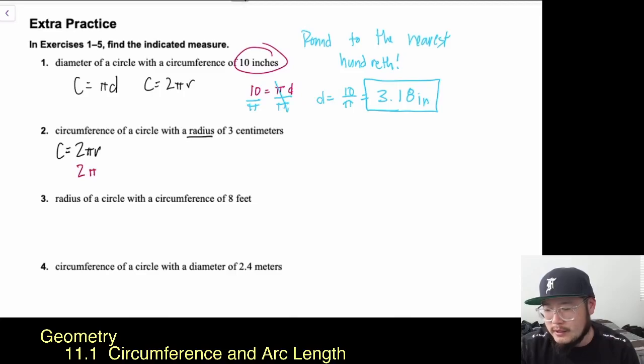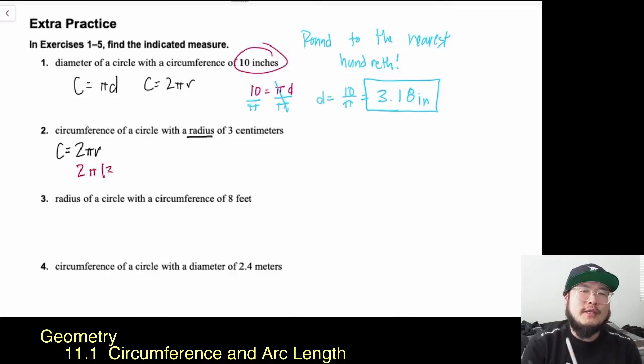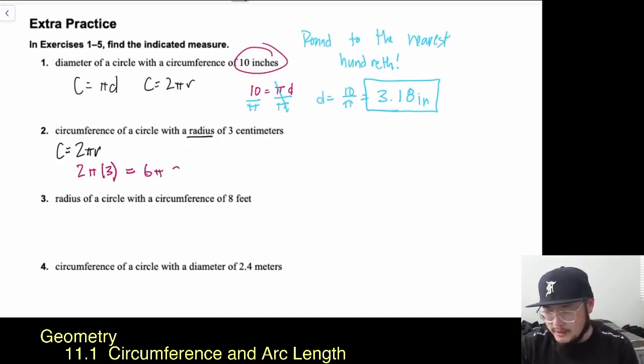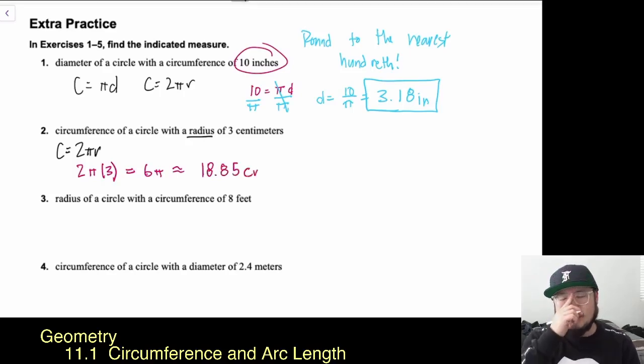Make sure in your homework you use the equations. If I ask for the exact answer, this would be 6 pi. The rounded answer ends up being 18.85. There will be many times where I'm going to ask you for the exact answer only. So make sure you can simplify these expressions.